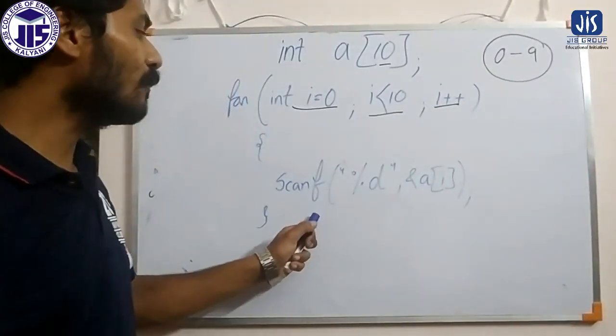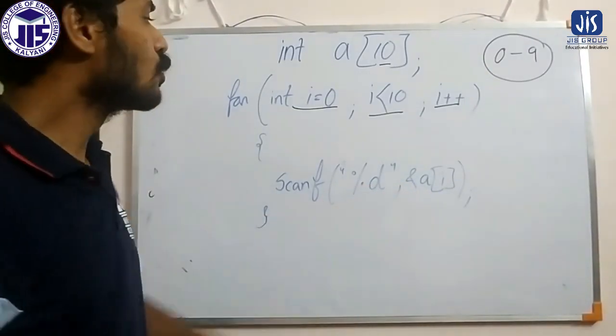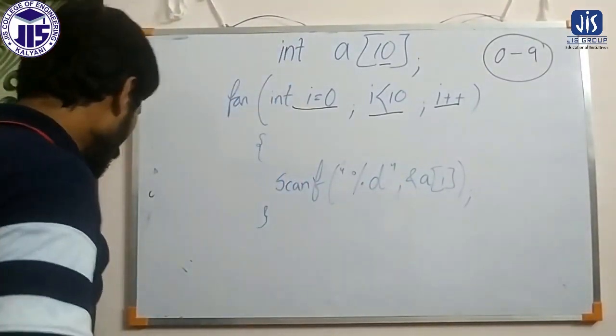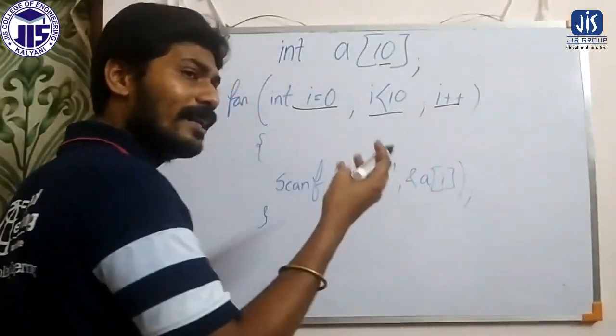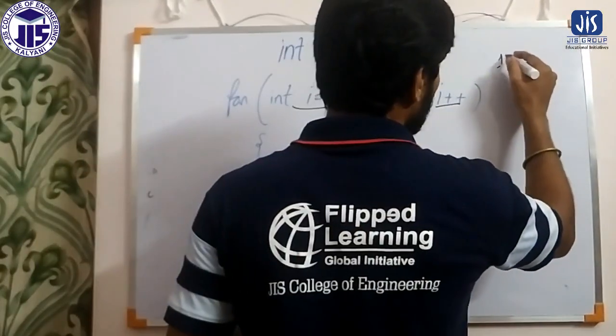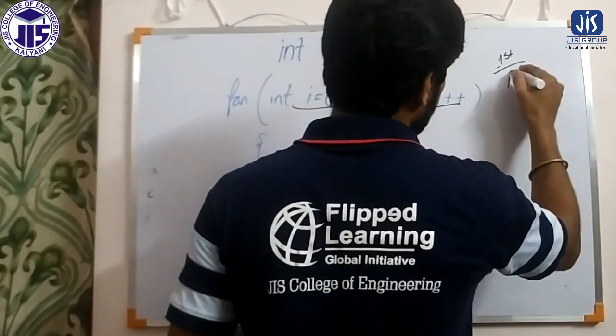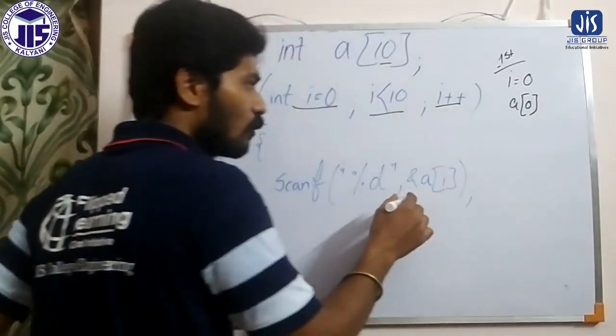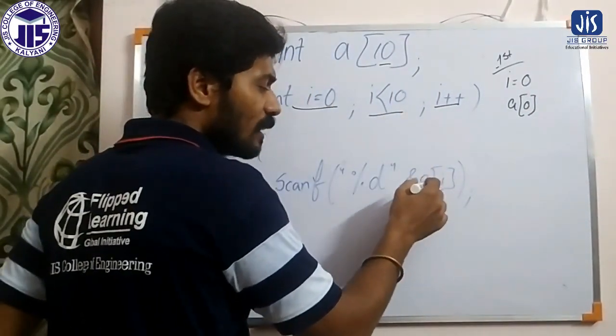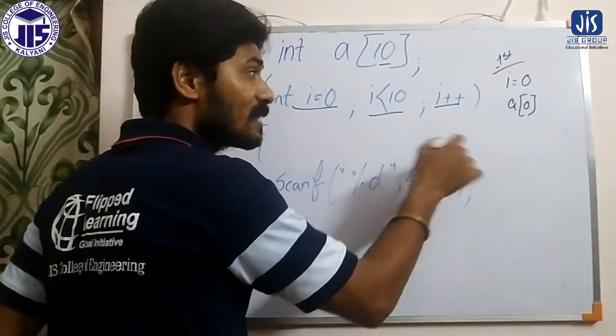Now using scanf, we insert the value into AI. In the first iteration, the loop will iterate a total of 10 times, and the value of I will be 0, so it is A0. Whatever value we insert here will be inserted into A0.